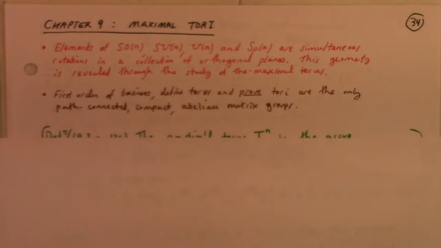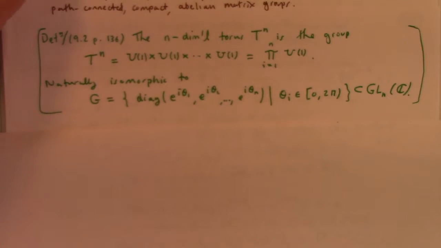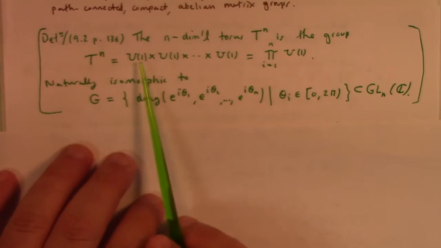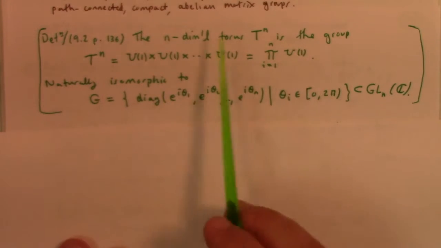All right? So the first order of business is to define the torus and prove that the tori are the only path-connected compact abelian matrix groups. Definition. What is the n-torus? Well, the n-torus is the direct product of U(1) with itself n times, T^n.